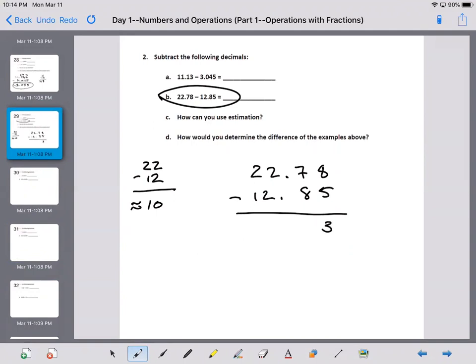I can't take 8 tenths from 7 tenths without going into the negative, so I'm going to regroup 17 tenths here, which I brought 10 tenths over plus the 7 tenths, so 17 tenths take away 8 tenths would be 9 tenths. And then I'm going to regroup, and that would give me 11 ones take away 2 ones, so I'm at 9 and 93 hundredths as my answer, which was real close to my estimate of 10.